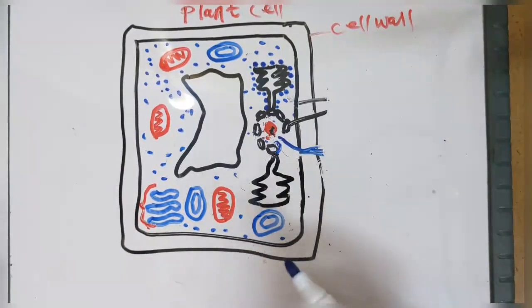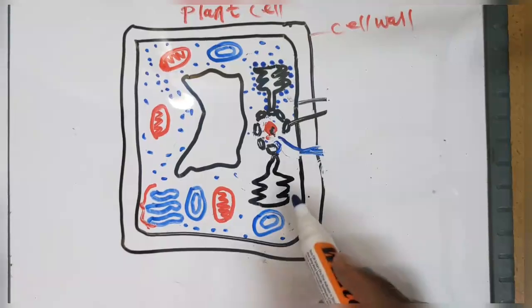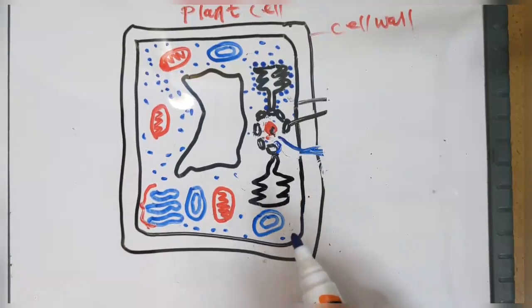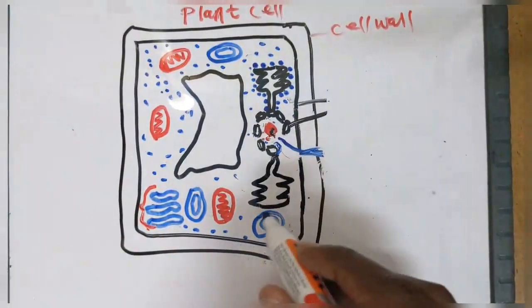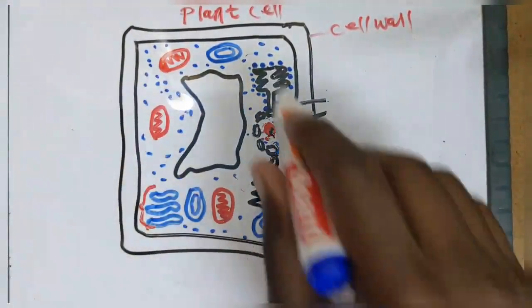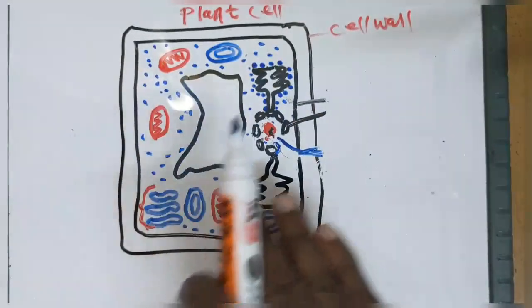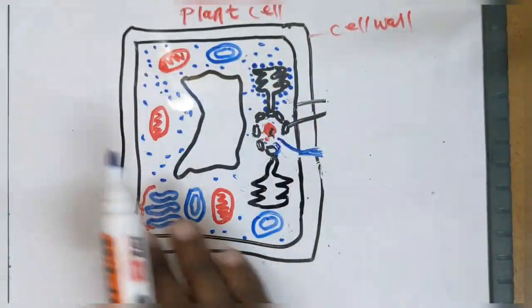Cytoplasm, I said, is a jelly-like fluid made of water and dissolved substances such as proteins, sugars, and salts. So that is what cytoplasm is. The function of cytoplasm is that it is a fluid inside the cell.